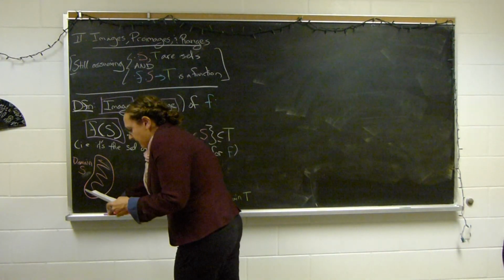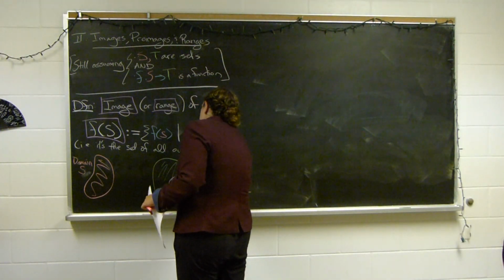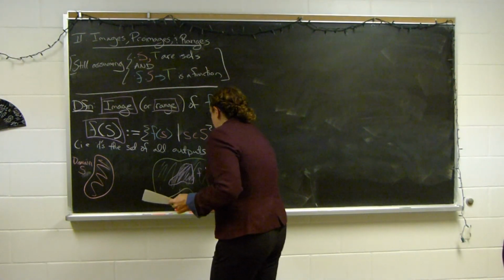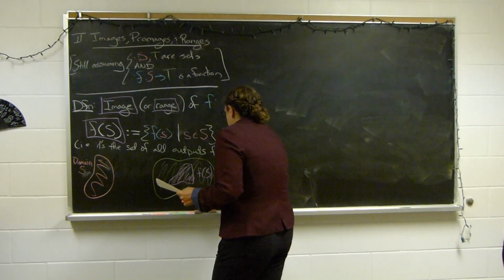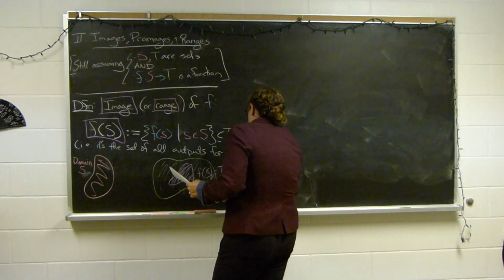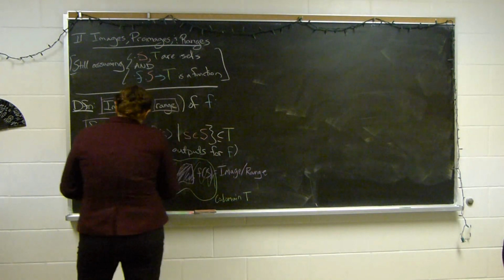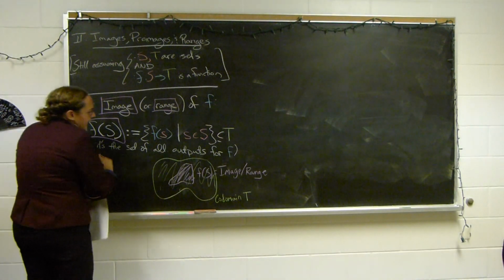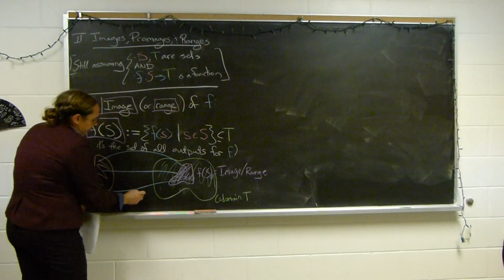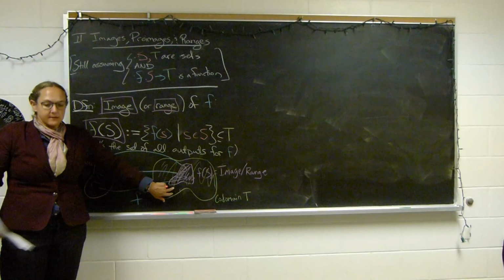And sitting inside of there is everything that I actually hit. So this is called f of S, and it's called the image, or sometimes we like to call it the range. Mathematicians do this, we come up with more than one name for the same thing. So f only takes things into here, but this is precisely where it takes things to.